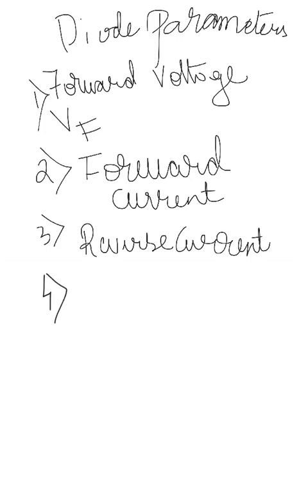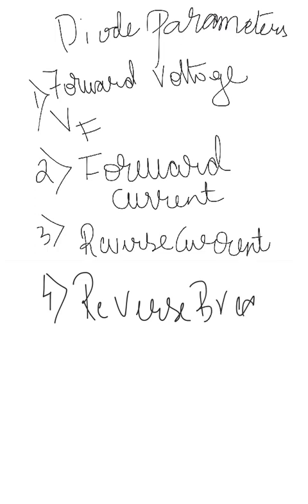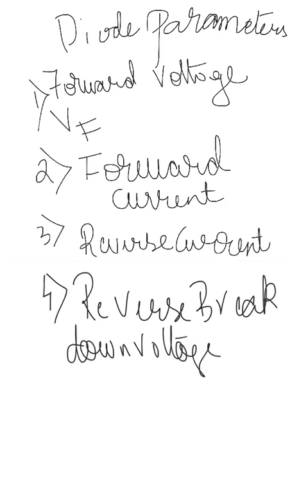The fourth one is reverse breakdown voltage. It is the maximum reverse voltage that the diode can withstand without damage, measured in volts.